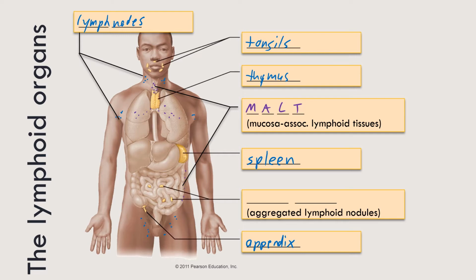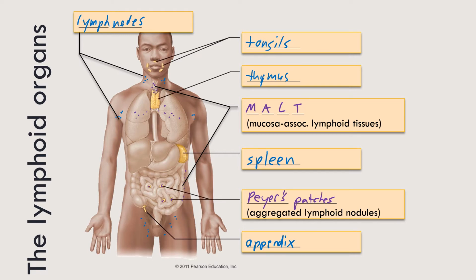There's one very specific set of MALT tissues that gets its own name. It's called Peyer's patches, after a Dr. Peyer, and it is commonly also more technically known as the aggregated lymphoid nodules of the small intestine.